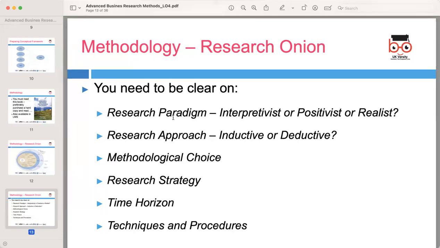So you need to be clear on research paradigm, interpretivist or positivist or realist, research approach, inductive or deductive, methodology choice, research strategy, time horizon, techniques and procedures. So the first step is to determine the research paradigm, which is the overall perspective or worldview guiding the study.